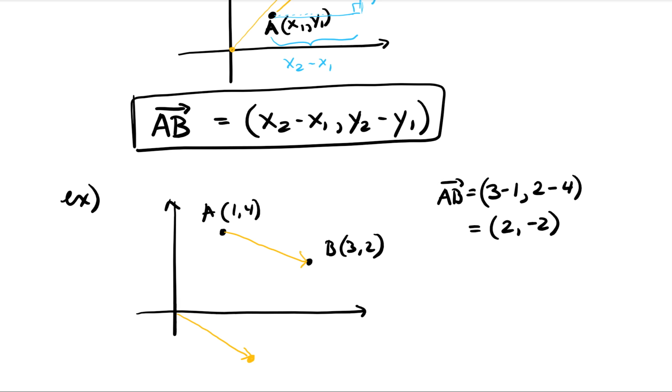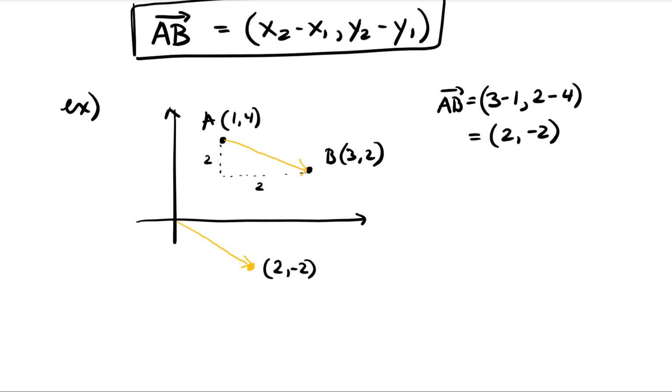That makes sense because here we go forward by 2, but we go down by 2. So this is why we have a negative 2. So the coordinates of our position vector are 2, minus 2. And those are also the coordinates of the vector AB, because once again, vectors can be placed anywhere we want in the plane. So the two vectors in yellow are identical.